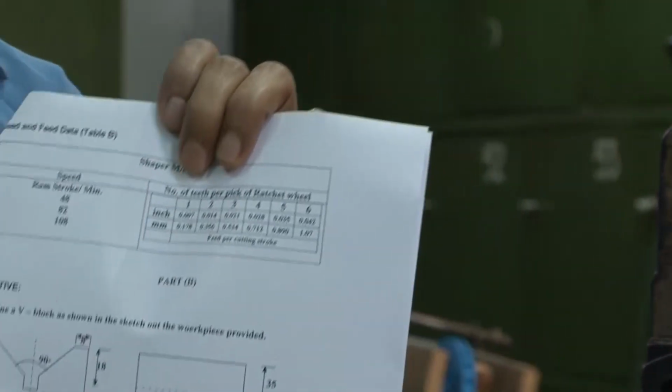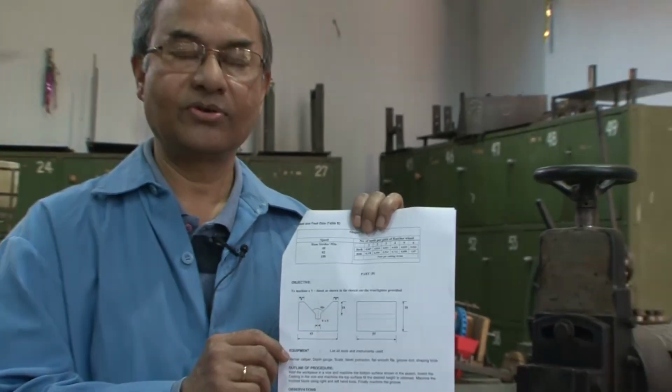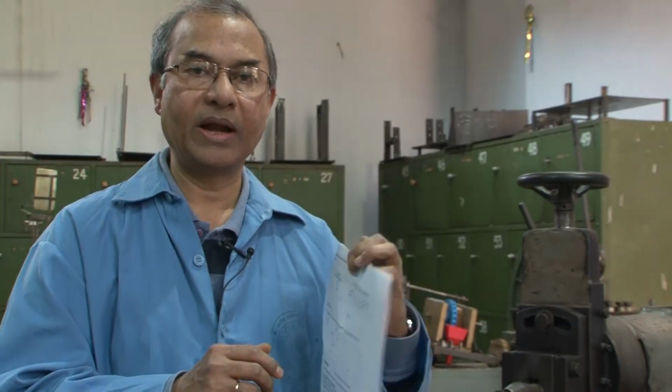The basic difference between shaping and planing is in the quick return mechanism, because in planing, normally bigger surfaces are produced. However, the kind of surfaces that we produce in shaping remains the same as in planing as well.